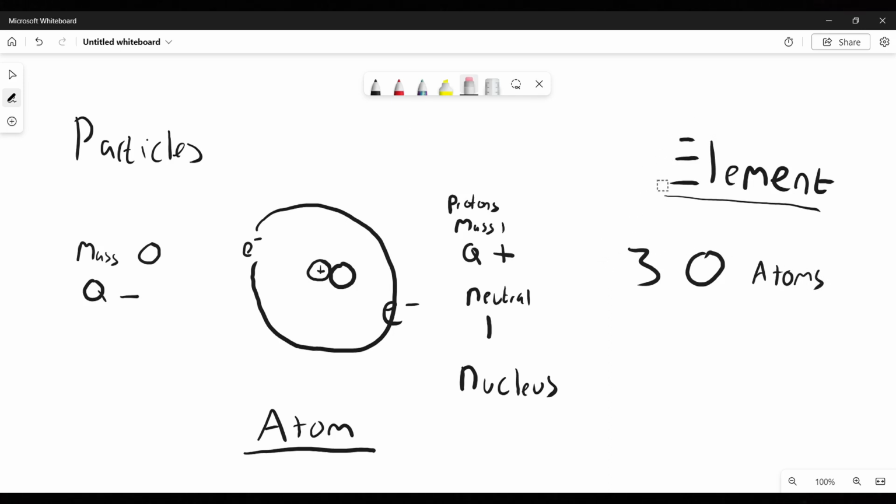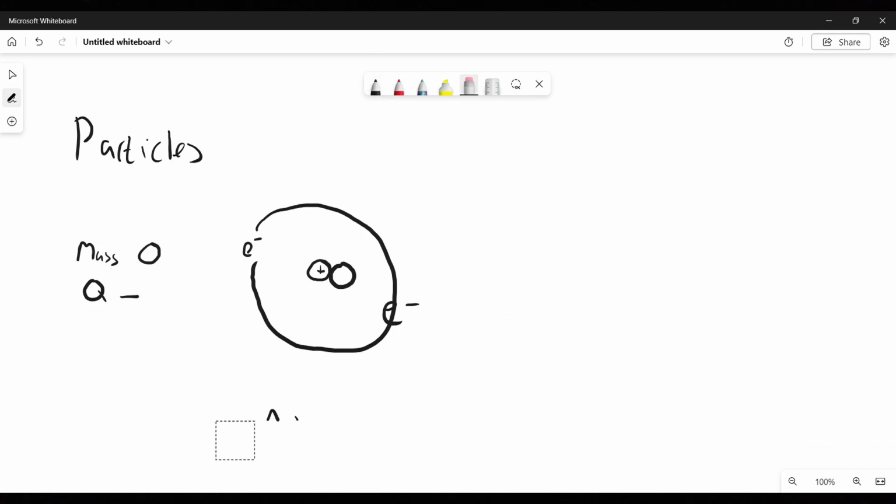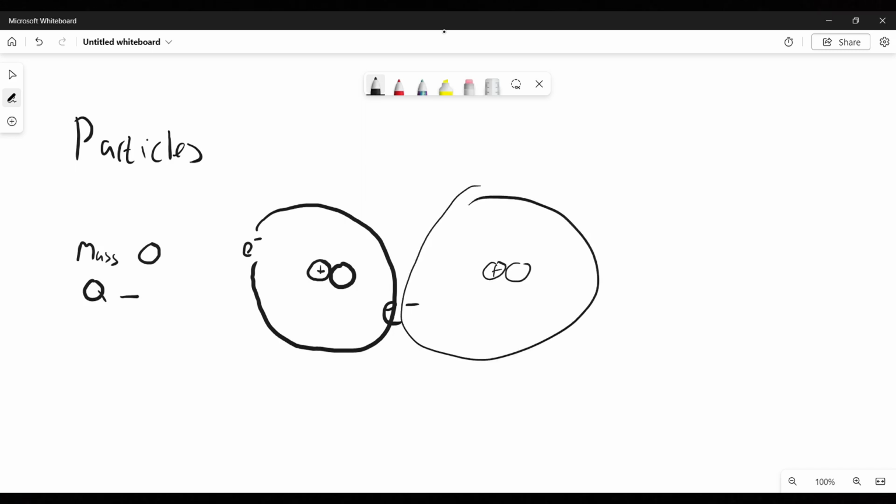Okay, and then if we get a few of these things together and they form a covalent bond, that is where they share electrons. This is a completely made up particle now because we can't get dihelium like this, but let's just pretend we could. This is what's called a molecule. So a molecule is when we have a covalent bond, and only a covalent bond, between atoms.